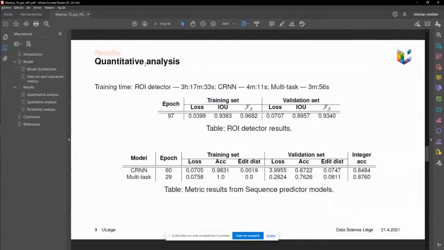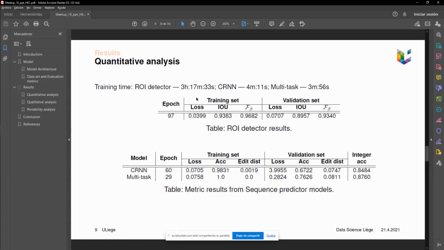So now I'm going to talk about some quantitative results. As we can see, the raw detector model takes 3 hours to train. This is because they're trying to reconstruct images of 720 by 720.